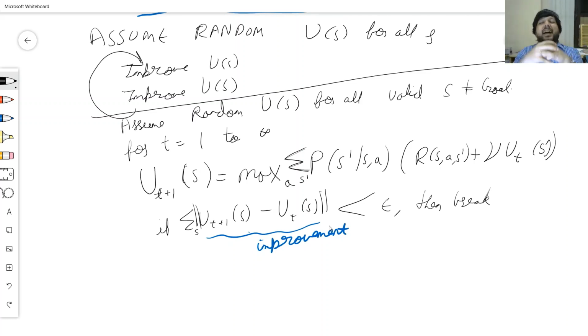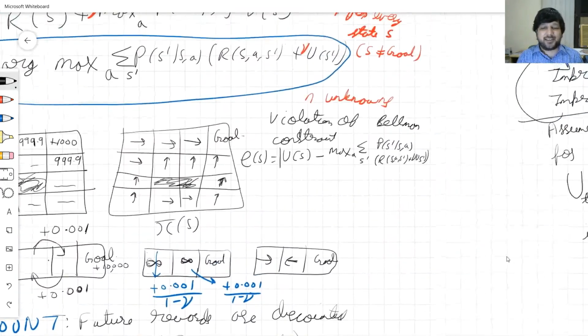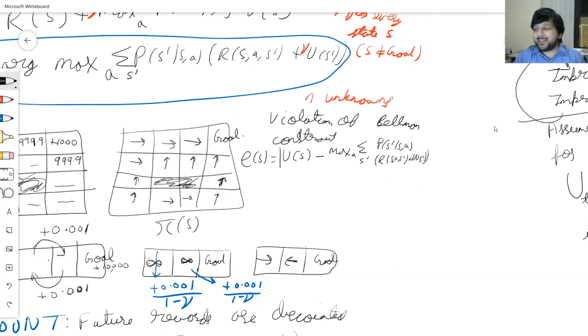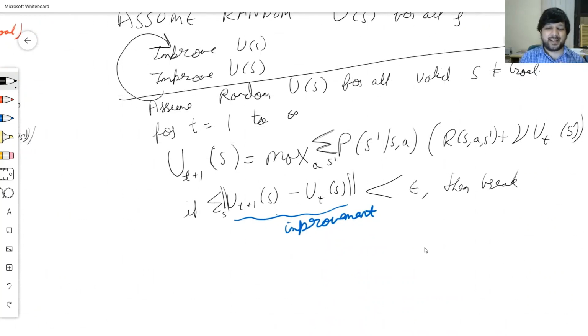And because of that, my actual error, not the improvement, which is a summation over all Bellman constraints, reduces with time. Once the Bellman constraints reduce with time, I know convergence is happening.